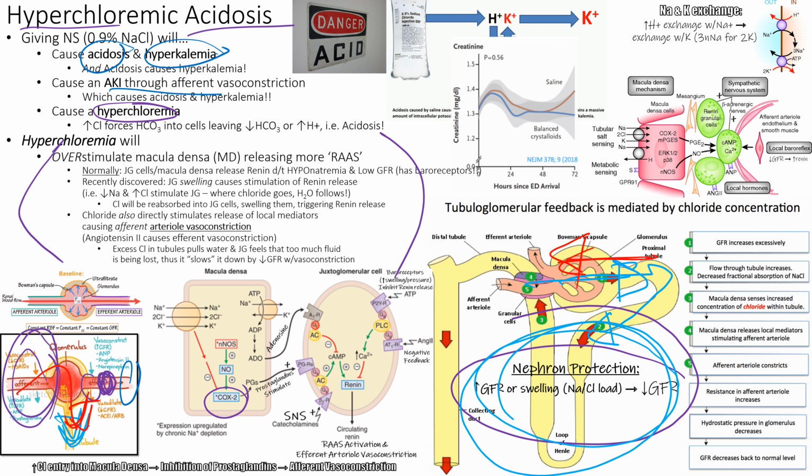Okay, so that's the idea. You can see that creatinine goes up with saline, whereas when we give balanced crystalloids, it kind of stays even. So that's why we would want to use a balanced crystalloid versus normal saline.